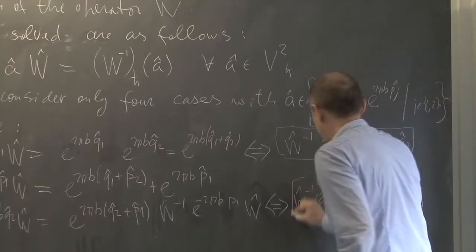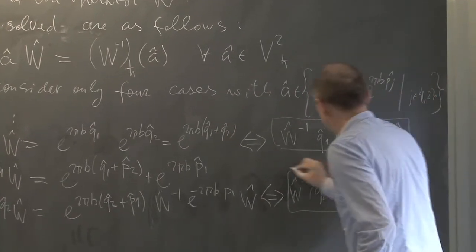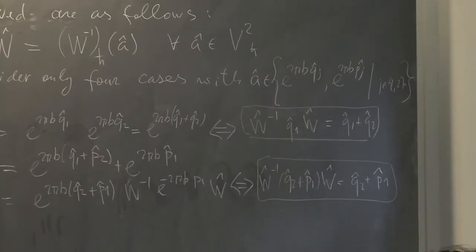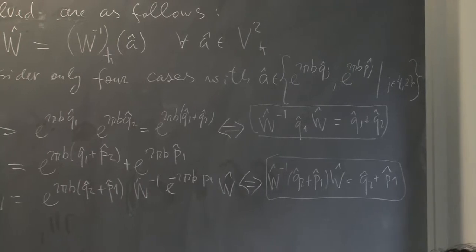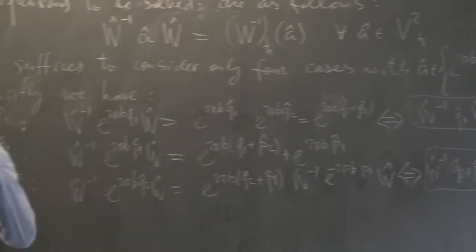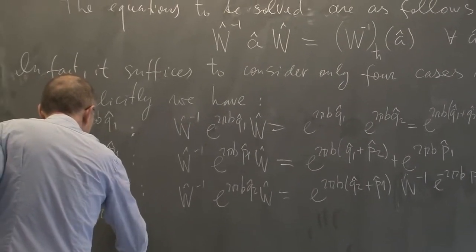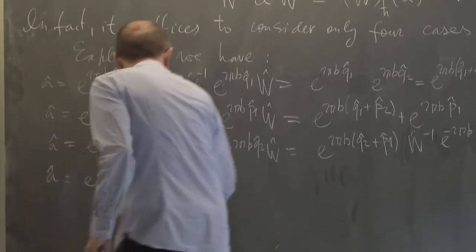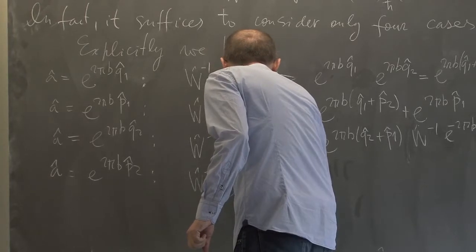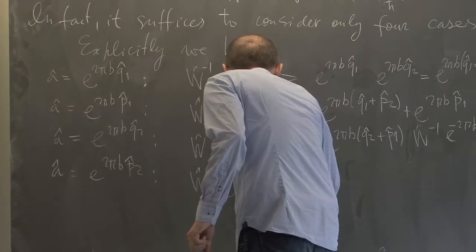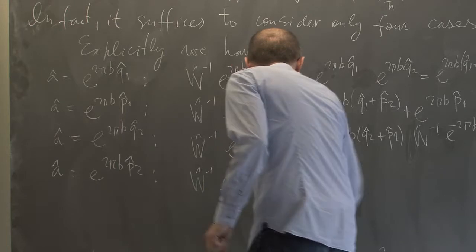So let me put in a frame nice-looking formulas. And the last case, E2 pi b P2. So W inverse E2 pi b P2 hat W hat.